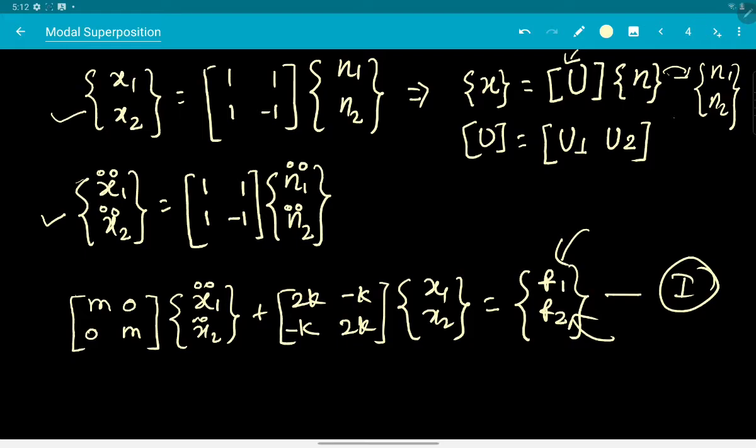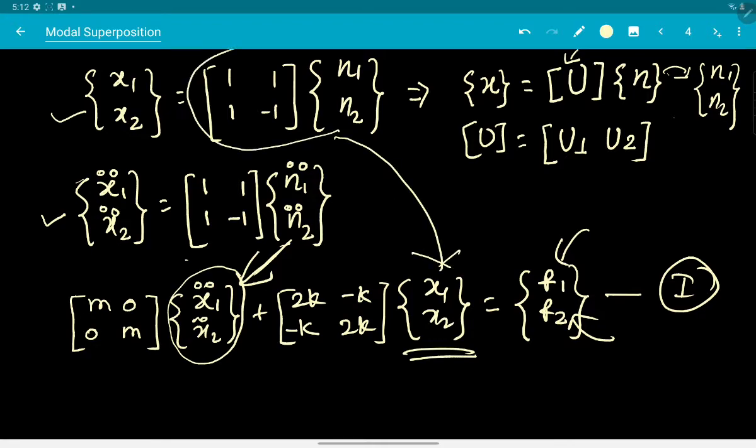Now in this equation I am going to replace the acceleration vector by whatever we have written over here, and the displacement vector will be replaced by this set of terms.